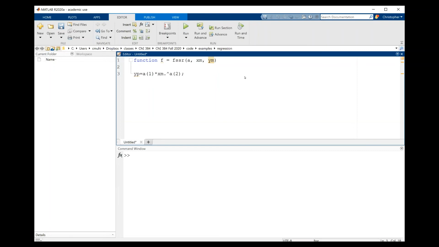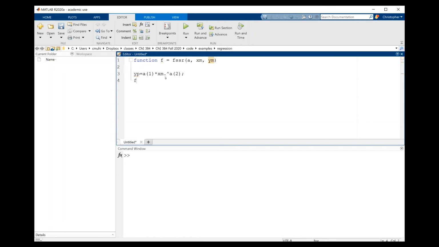Right here, we're just putting that into MATLAB form. We have our y is equal to the first constant times our x to the a2 power. So this is going to go in and calculate each of those predicted y values at each of the x values.